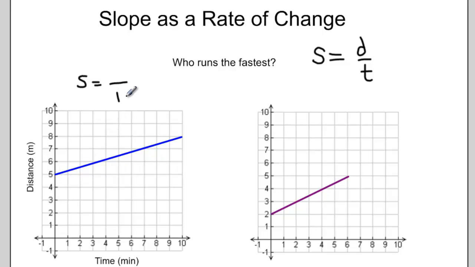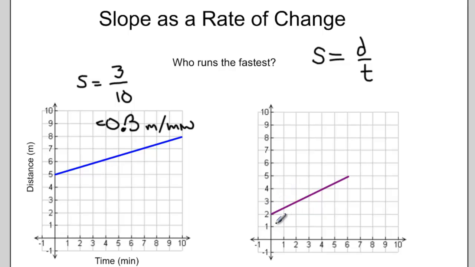in 10 minutes, I've traveled 3 meters. So my speed is 3 over 10, or 0.3 meters per minute.